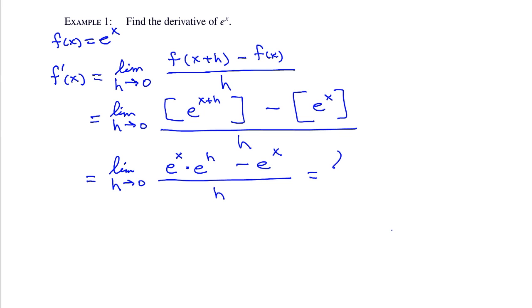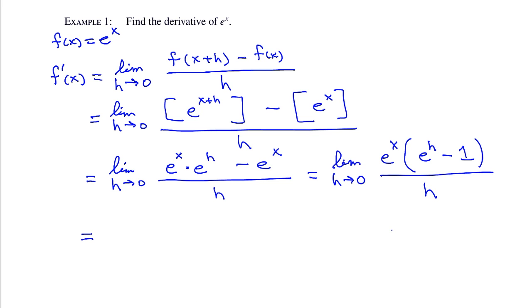All right, next step. Factor out e to the x. There's an e to the x in the first term, and that leaves e to the h. There's e to the x in the second term, and that leaves a 1 over h. Remember that this limit is based on the h, not on x.